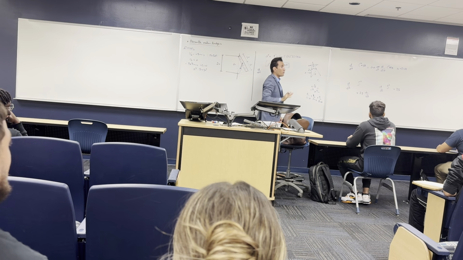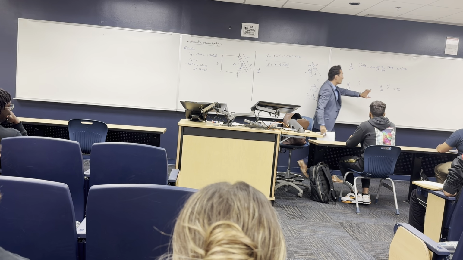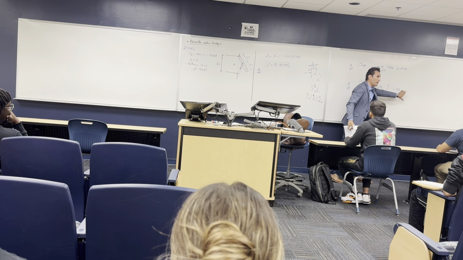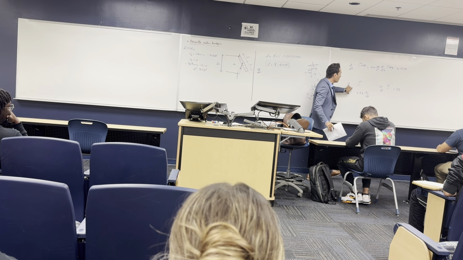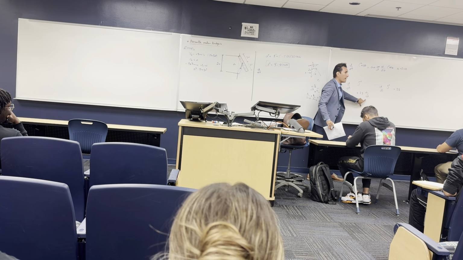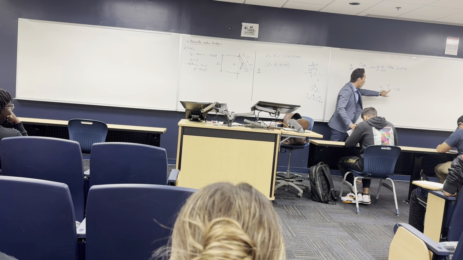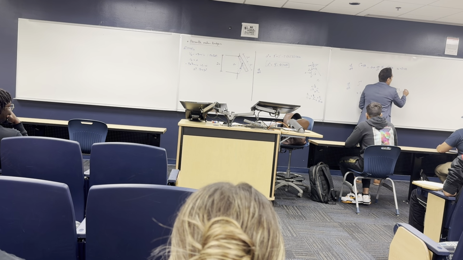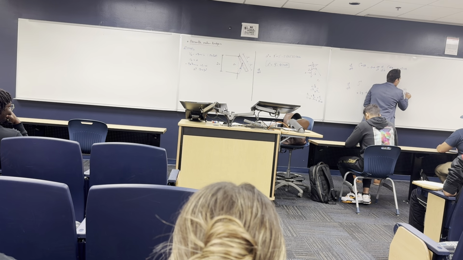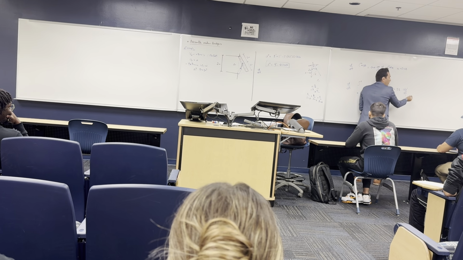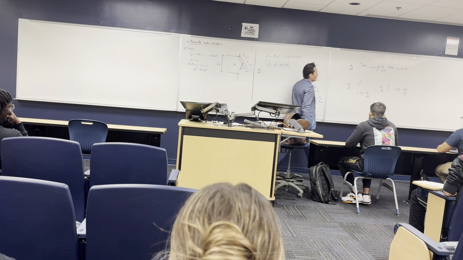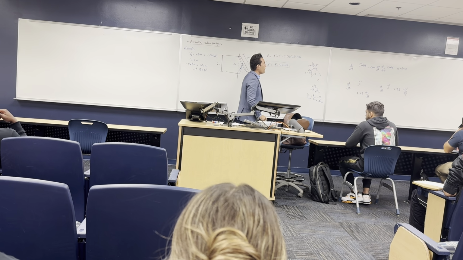You need to have this in your mind. If we are differentiating with respect to the same variable, it's going to be this. But if we are differentiating with respect to a different variable, you will have to have ds/dt at the end. Why doesn't this have something at the end? Because this is going to be ds/ds, the rate of change of s with respect to s. So you need to have this in mind.